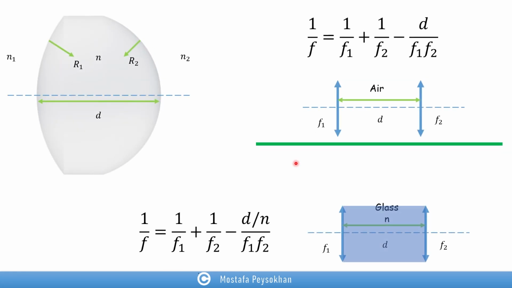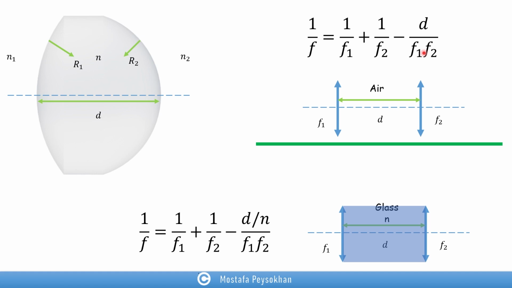And as you know, when you have two lenses with focal lengths of f1 and f2 at distance d, we use this equation for finding the total focal length, which is 1 over f1 plus 1 over f2 minus d over f1 times f2. All the focal lengths that we put into this equation, we have to use with the sign. And we have a sign convention for f1, f2, and all the parameters in optics.